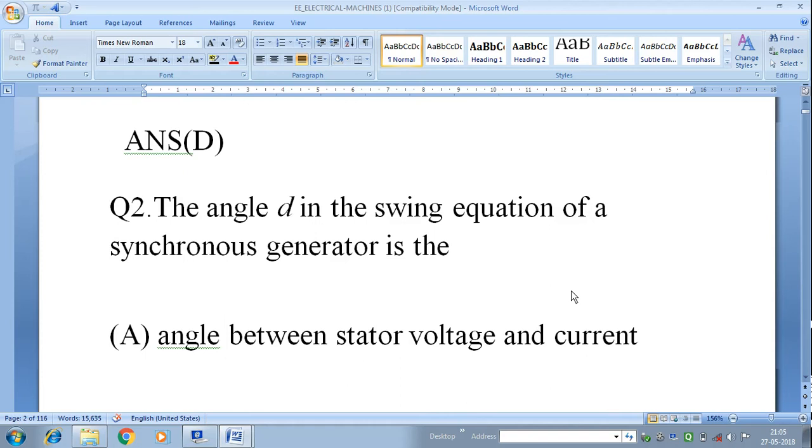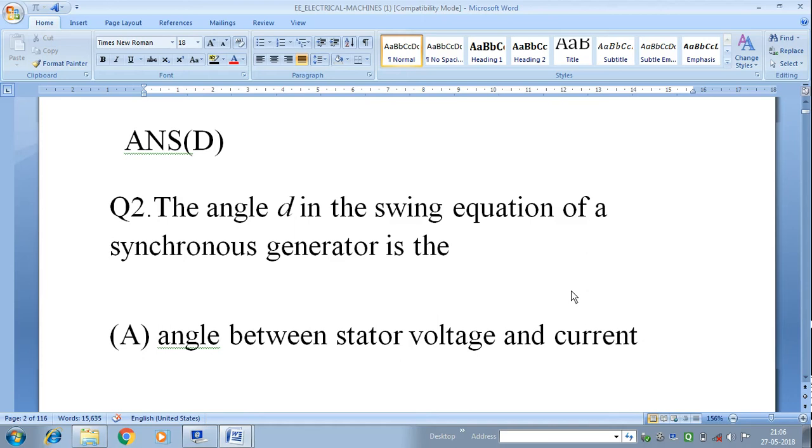Let us take one example. One generator is supplying one area. Let us assume that the load is constant. Suppose suddenly the load increases or decreases, then what happens in the case of a synchronous generator?